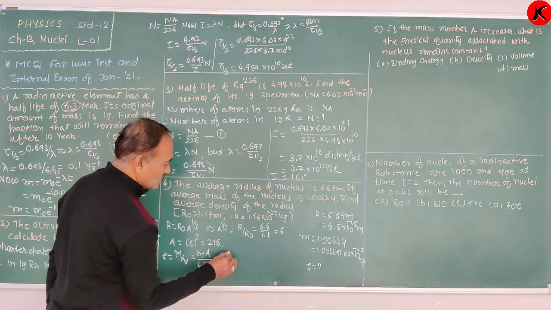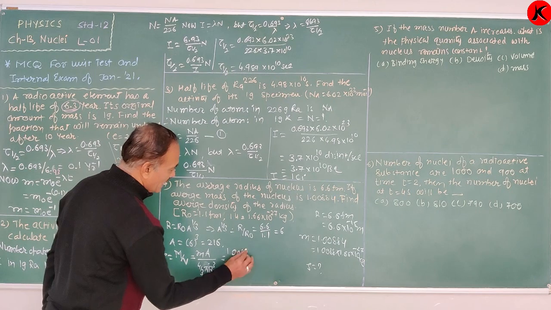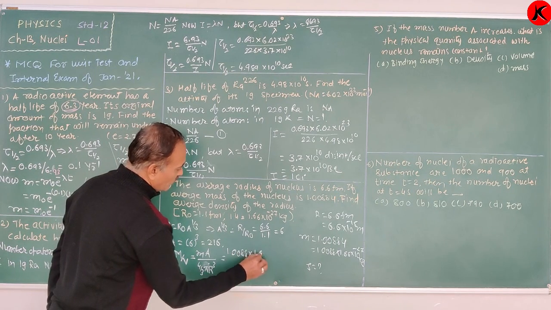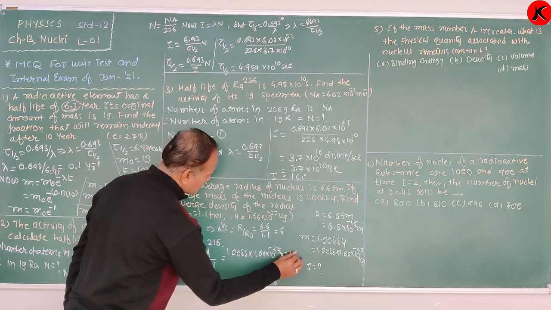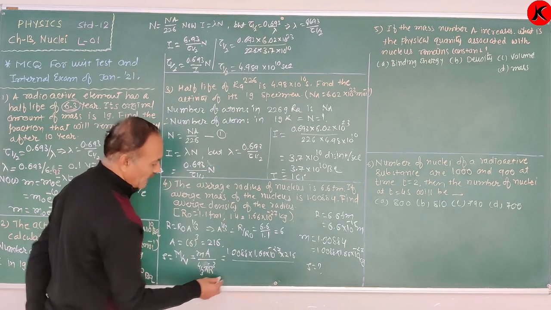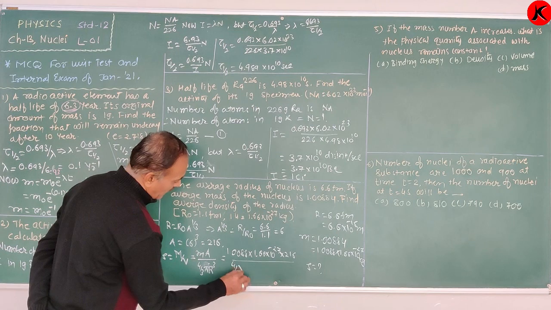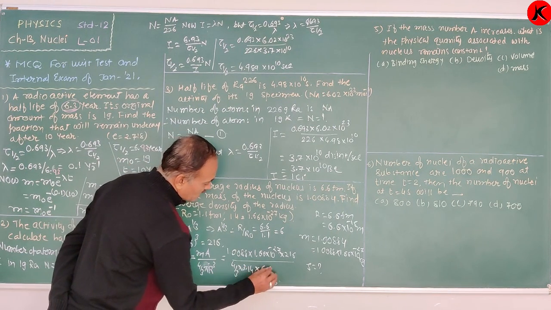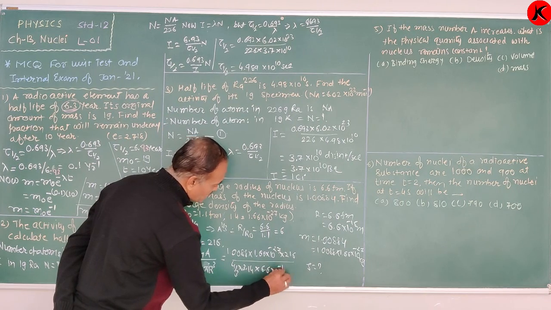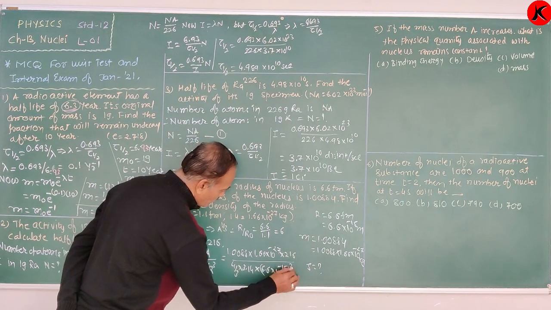Therefore, m is 1.0088 into 1.66 into 10 to the power minus 27, into A, 216, divided by 4 by 3 pi, R is given 6.6 into 10 to the power minus 15, whole cube.